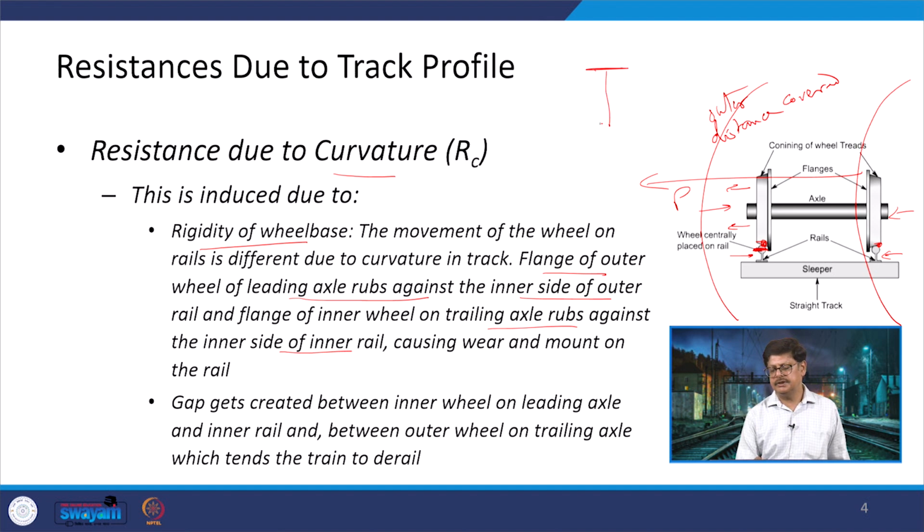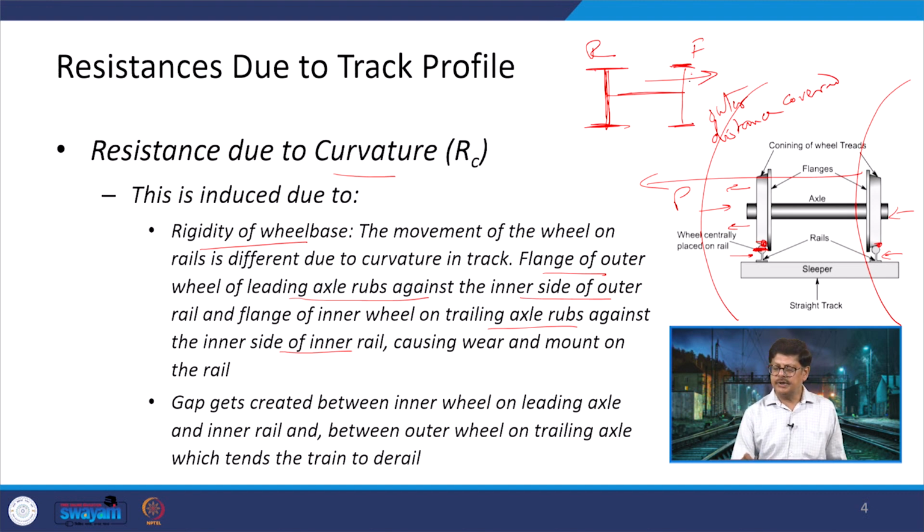There is a wheel here and again a wheel here. This is an axle, but it is being connected with another axle. Say this is a front axle and this is a rear axle, and you are moving in this direction. When you move in this direction, what will happen?